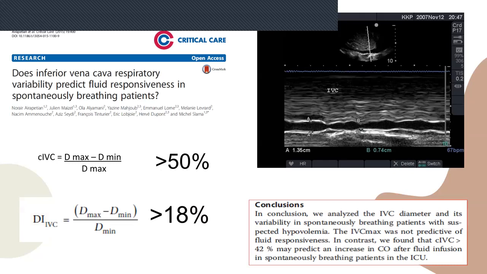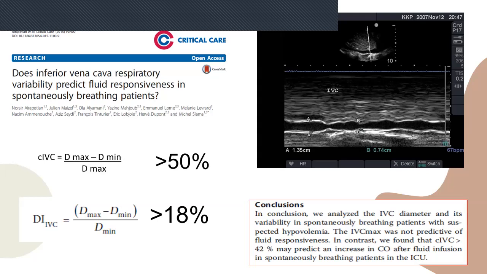So in the Collapsibility Index, you get your IVC, you use the M mode and you put the cursor at your IVC, and you can get the variations. So you count the biggest diameter and the smallest diameter. So the D max minus your D min over your D max. If it's more than 15%, the patient can probably take fluid.